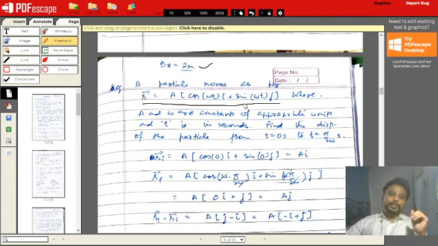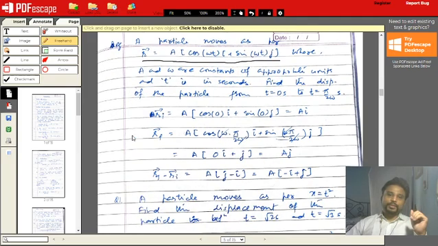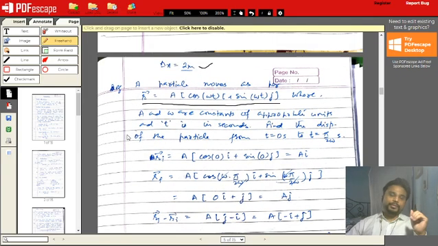The initial position of the particle then becomes a i cap, where cos 0 is 1 and sin 0 is 0. Then we have to write the final position of the particle. For the final position, we substitute t equal to pi by 2 omega.